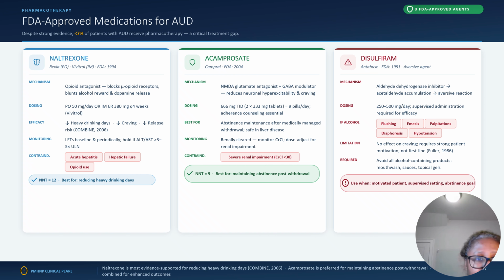And then as far as FDA approved medications, there is the naltrexone, and this just goes over the mechanism, dosing, efficacy. There's also 2 other medications as well. So acamprosate, and then there's also what we call Antabuse, which is the other name for this medication as well.